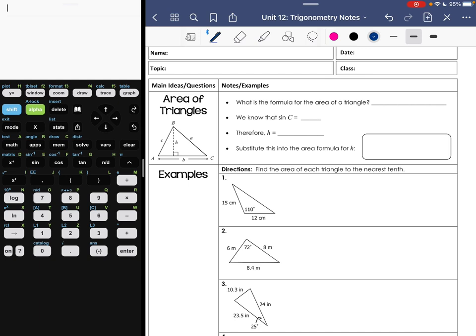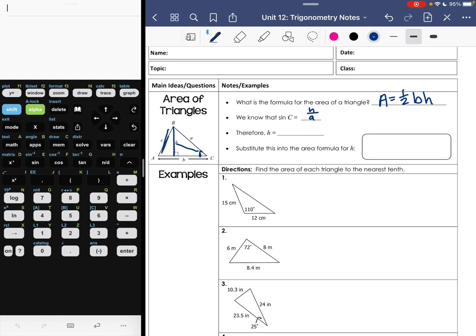All right, so back to area of a triangle. Remember that the area is half the base times the height. And if we look at this triangle to the left, we know that sine is the opposite over hypotenuse. So if we're looking at C right here, then we're talking about this opposite leg.